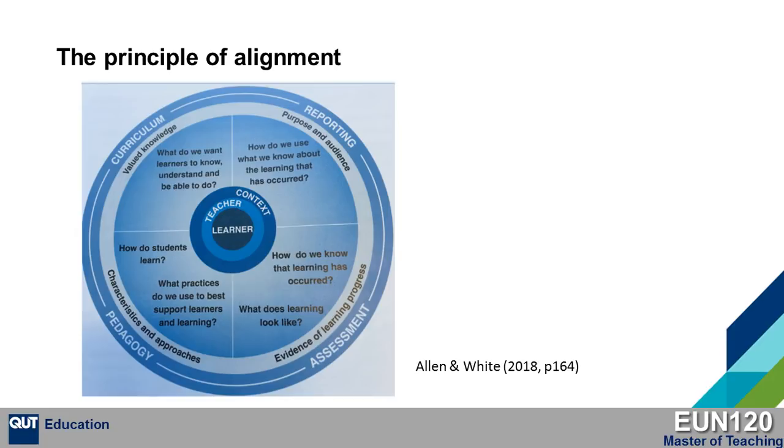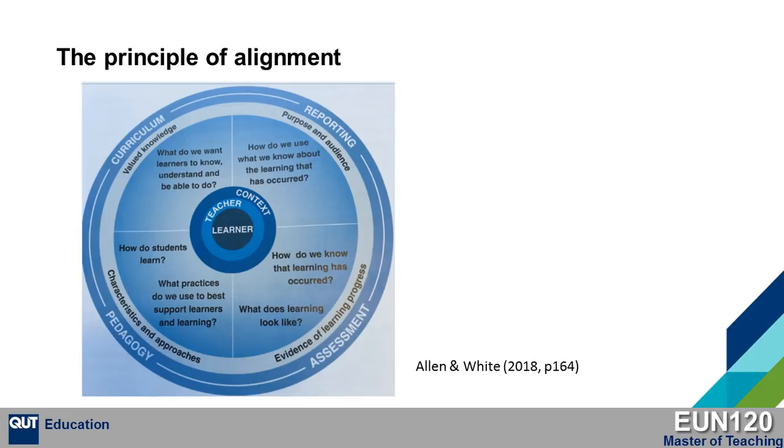As you can see on the diagram, the learner is at the center, who is influenced by interests, capabilities, social and cultural identities. And around that you have teachers who are also influenced by these factors, as well as their beliefs about learners, learning, and their professional identities. Professional identity is something you are looking at in EUN101 as well.